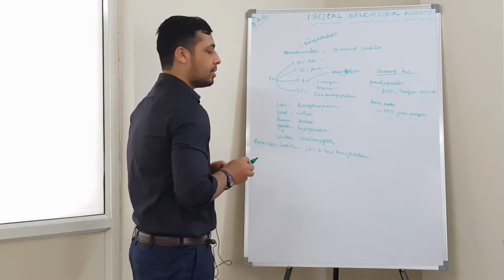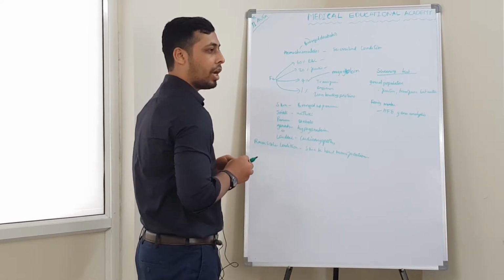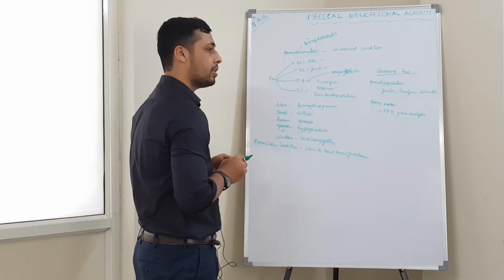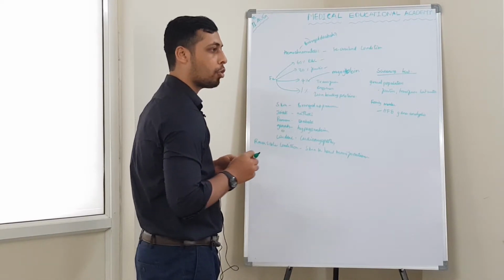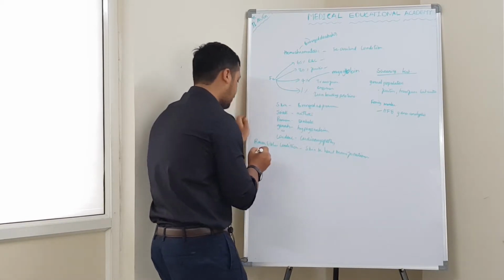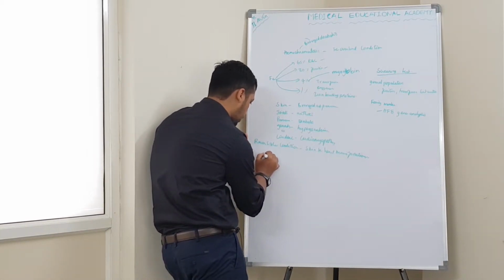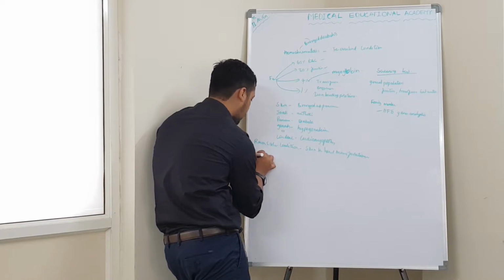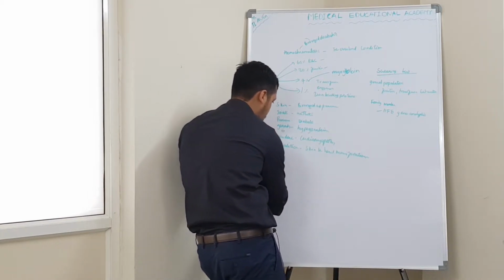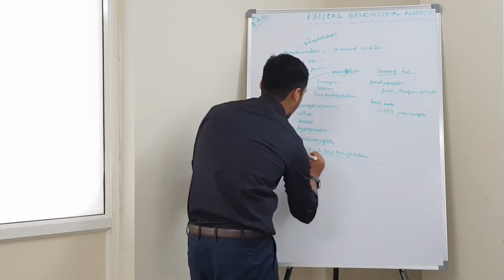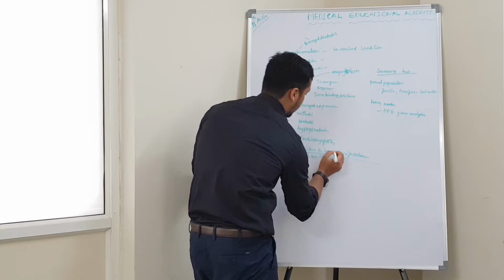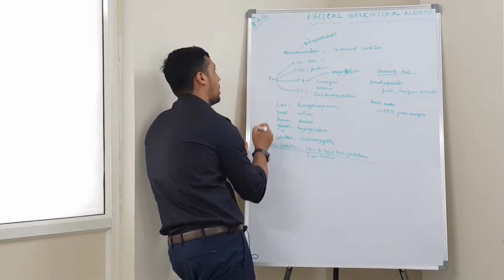So we'll just talk about iron studies. Iron studies are very important day to day, like we'll be seeing them in iron deficiency anemias, anemia of chronic diseases. They are very important in anemias as well as iron overload conditions.